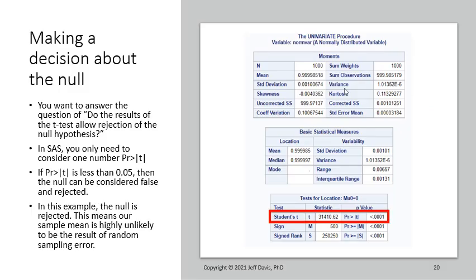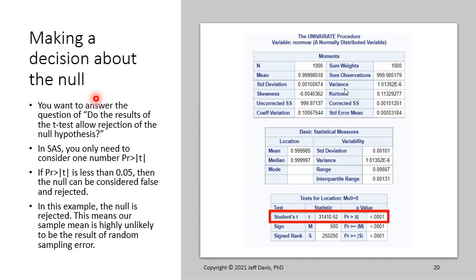Now, here's what it looks like. I'm sorry, I thought we were going to a different variable, but we're still with the same variable, so we're coming back to the table. When making a decision about the null, remember the two options: we either reject the null or we fail to reject the null.